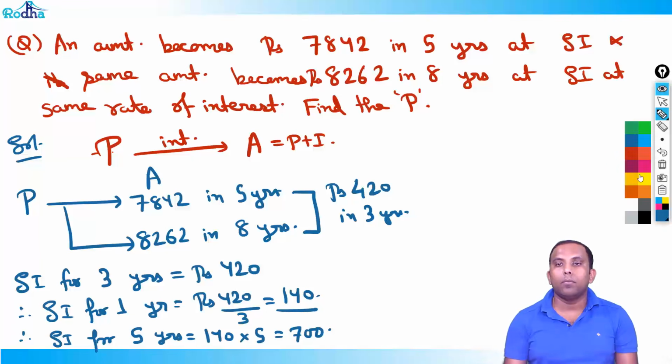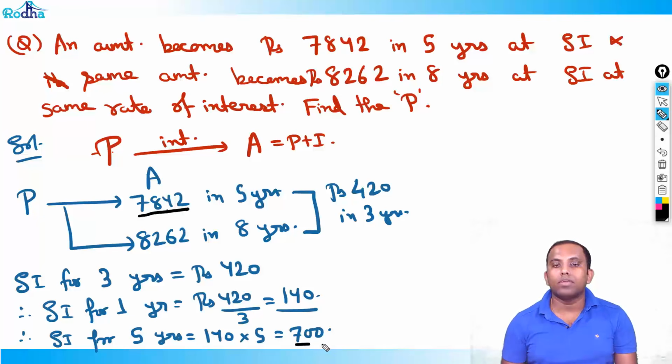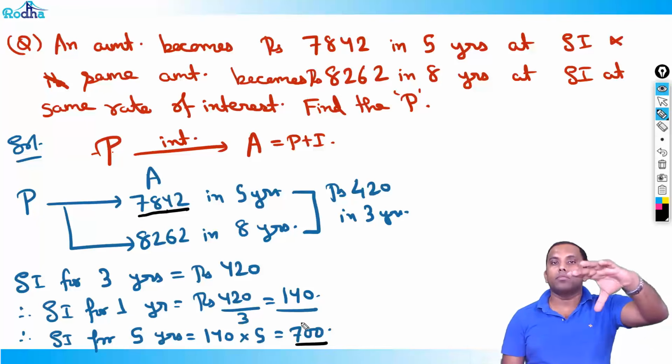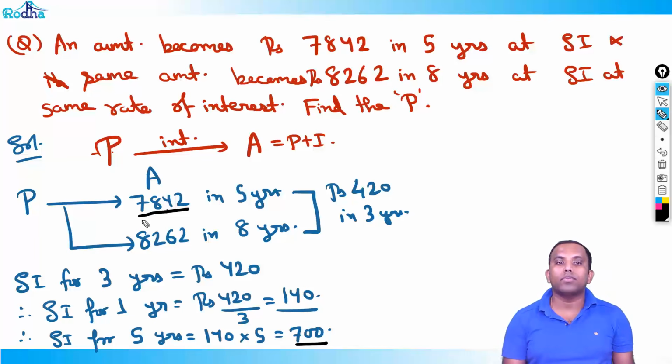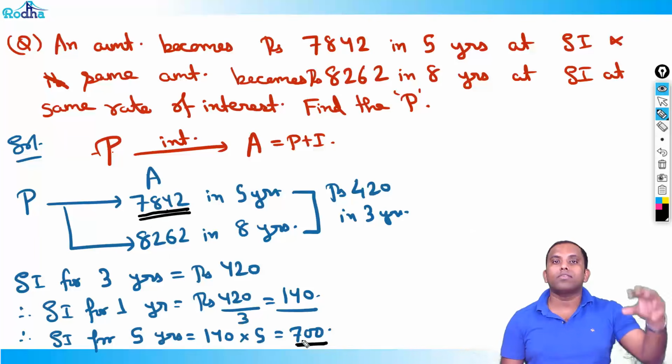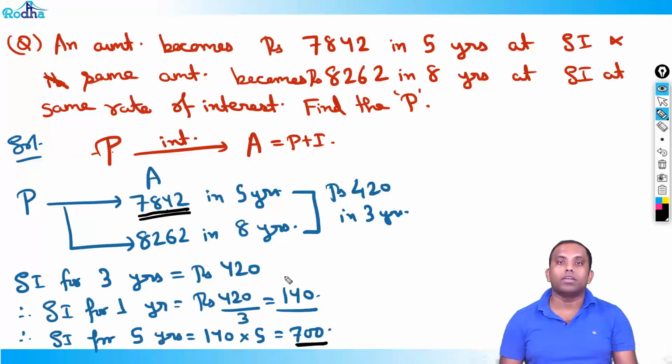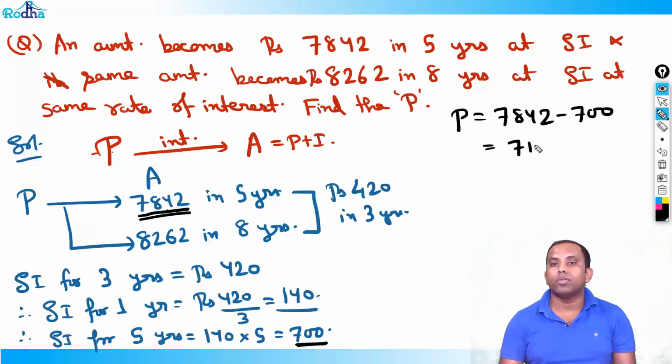So the amount after 5 years is 7842, and in that the interest is 700. So the amount becomes 7842 with 700 interest. So what is the principal? 7842 minus 700, that is 7142. So rupees 7142 is the answer for this question.